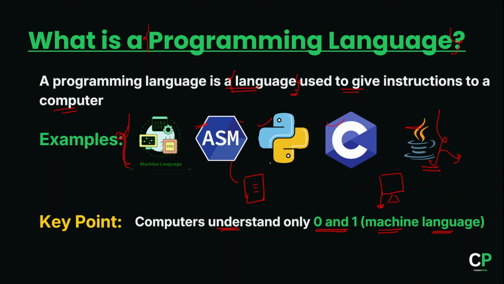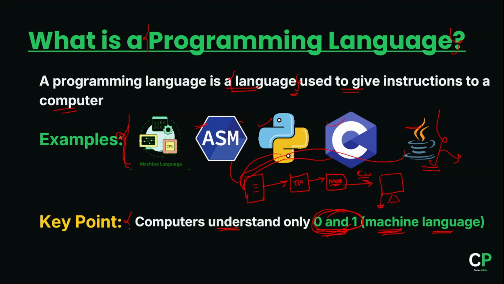So all the other languages that are not machine language need to be translated into the machine language, and then given to a computer, because computer can only understand zeros and ones. So this is one key point to keep in mind.